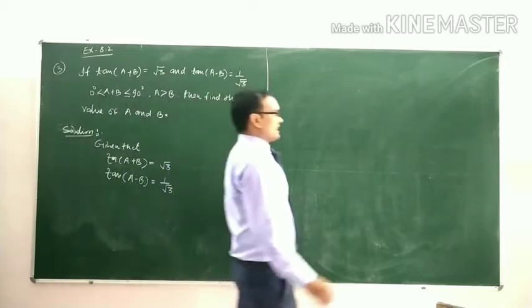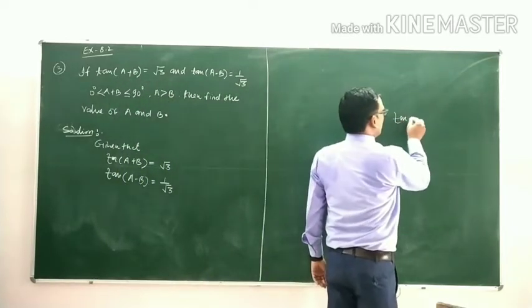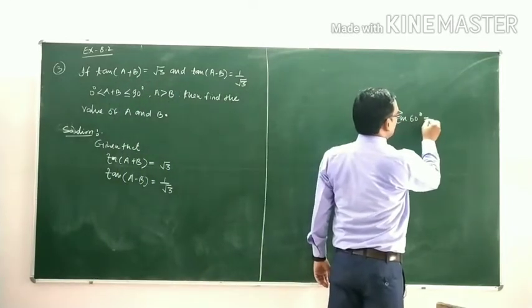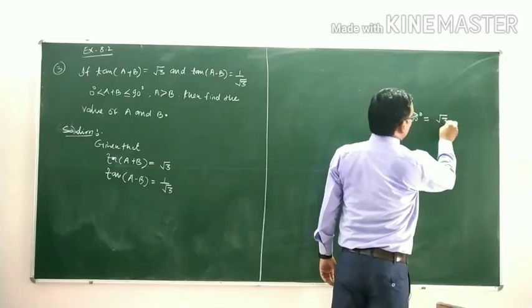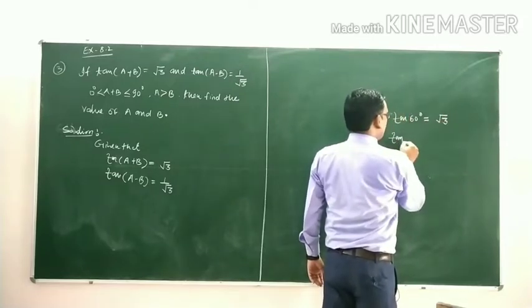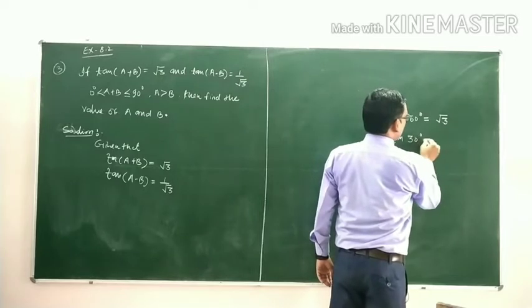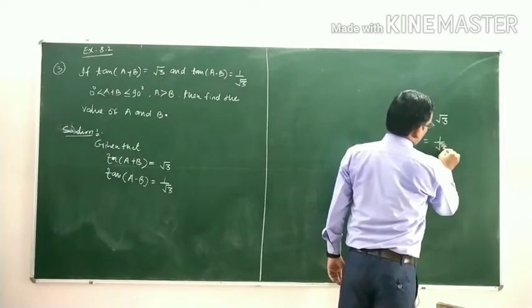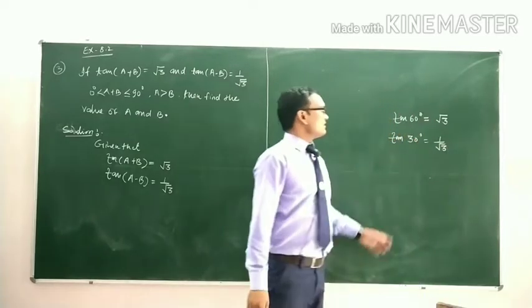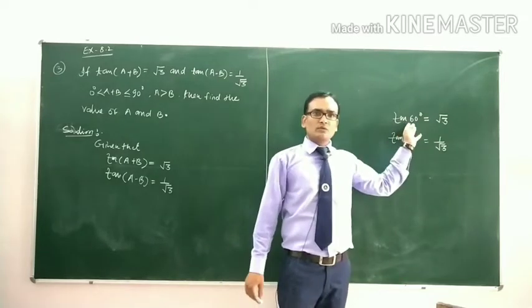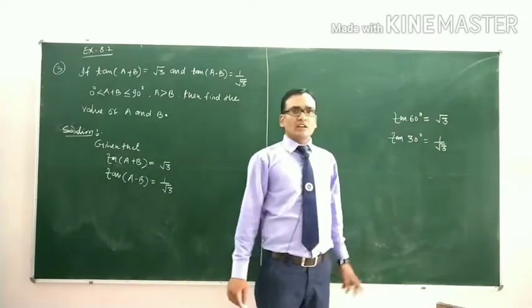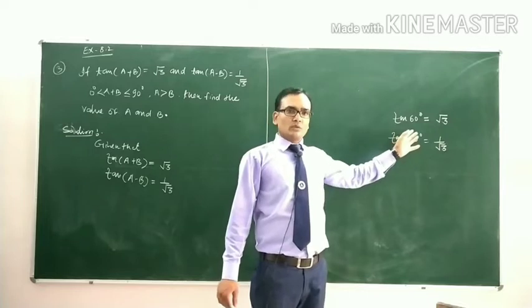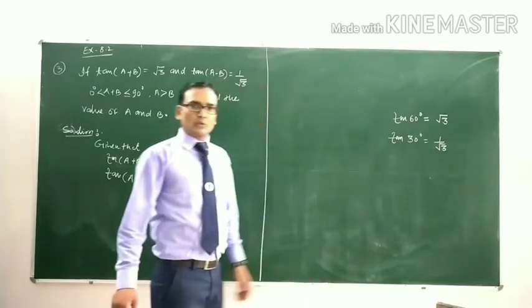But we know that tan 60 equals square root 3 and tan 30 equals 1 upon square root 3.